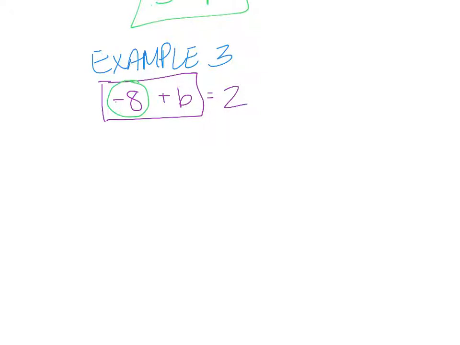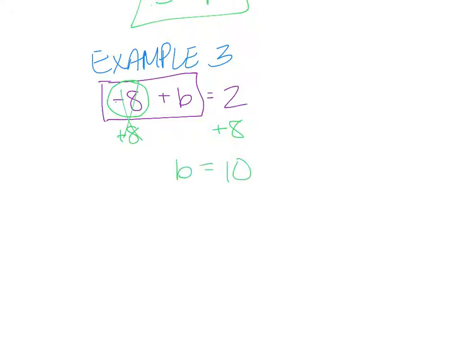The opposite of -8 is +8 to undo subtraction. Negative sign and subtraction sign mean the same thing. So to undo subtraction or negative, you do positive. So this is +8. And if we do that to the left side, we got to do it to the right side. These cancel, and we end up with b equals 10.